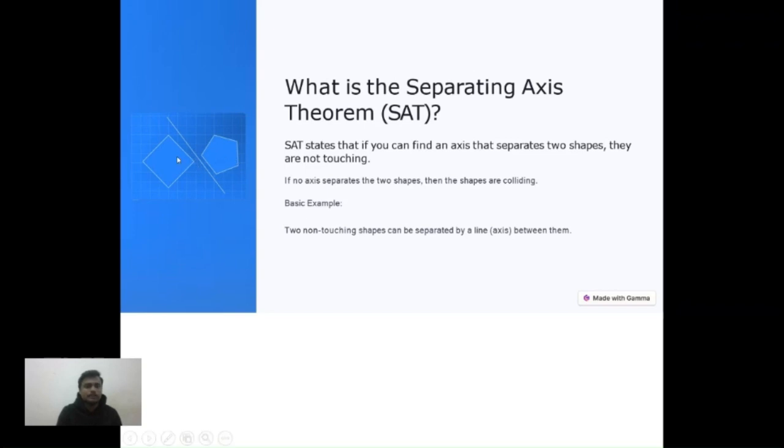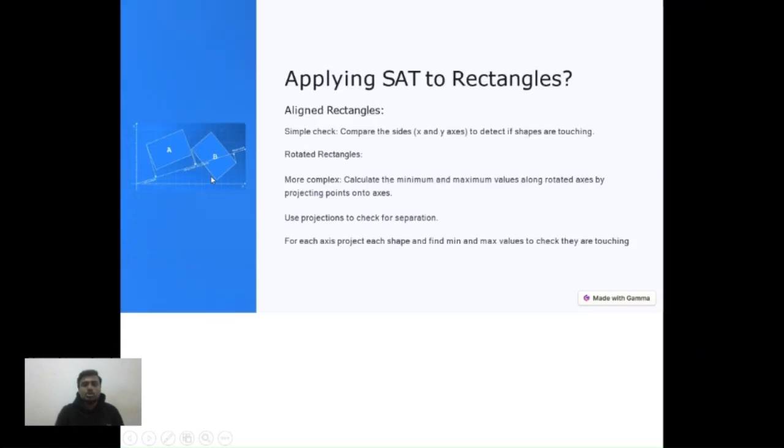Here in this example, we can see a rectangle and a pentagon, and we can draw an axis that separates the two shapes. Now, let's talk about how we can apply the separating axis theorem to a rectangle. For a simple rectangle, we can check the x and y axes to detect whether shapes are touching or not.